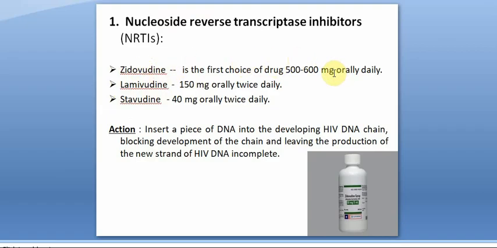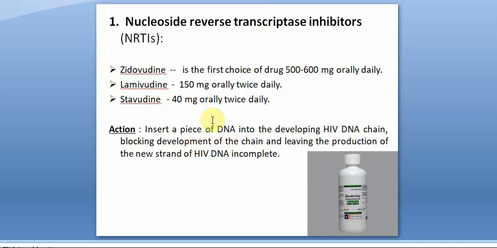Usually 500 to 600 mg orally will be given daily. Lamivudine 150 mg orally BD. Stavudine is given 40 mg orally BD. So what is the action of these three drugs, the nucleoside reverse transcriptase inhibitors? As the name says, they inhibit the reverse transcriptase enzyme. What it does is insert a piece of DNA into the developing HIV DNA chain, thereby blocking the development of the chain.